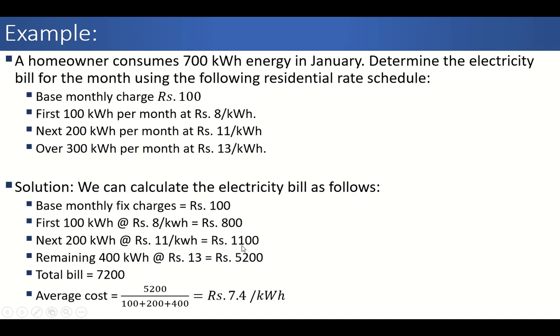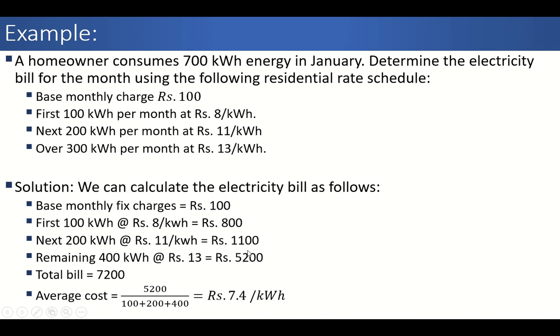So this will be 11 multiplied by 200, so this is 2200, and the remaining 400 kilowatt hour at rupees 13. So this will be 13 multiplied by 400, so this will be 5200. So total bill will be computed.